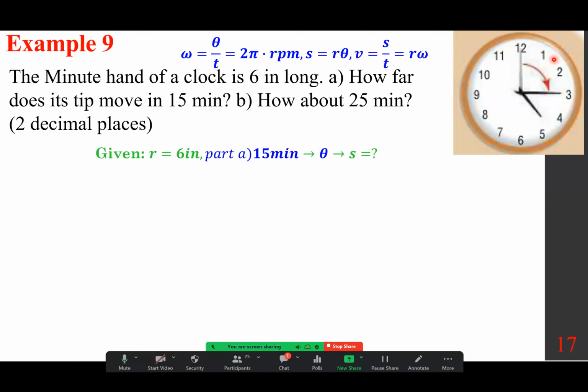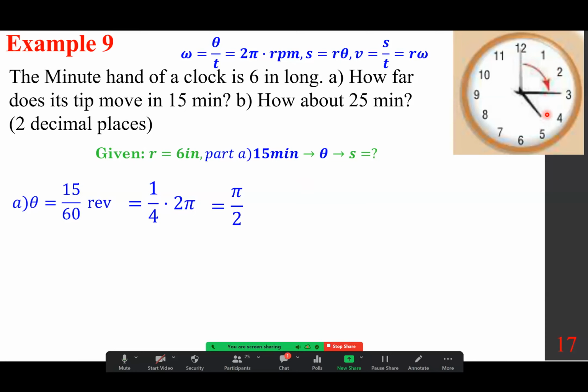Some of you may just look at it and say, okay, this is pi over 2, and that's fine. Or you might say 15 minutes, if you divide it by 60, gives you 1/4 of a complete revolution. So 1/4 times 2 pi is pi over 2. I guess most everybody knows 15 minutes, like 30 minutes is half of the revolution.